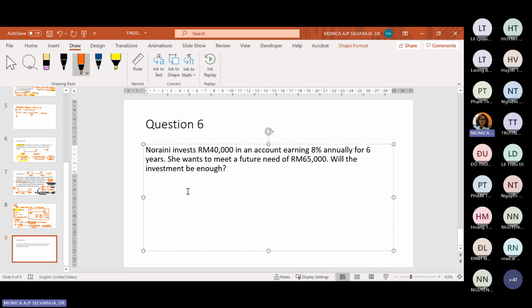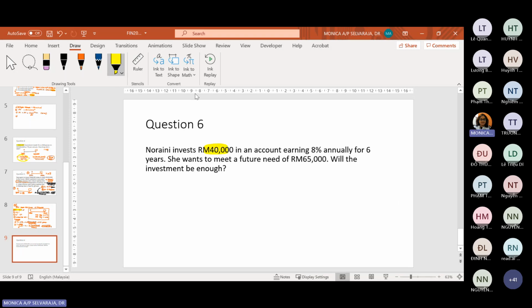Okay, so Noor Aini invested 40,000 in an account earning 8% annually for 6 years. She wants to meet a future need of 65,000. Will the investment be enough?